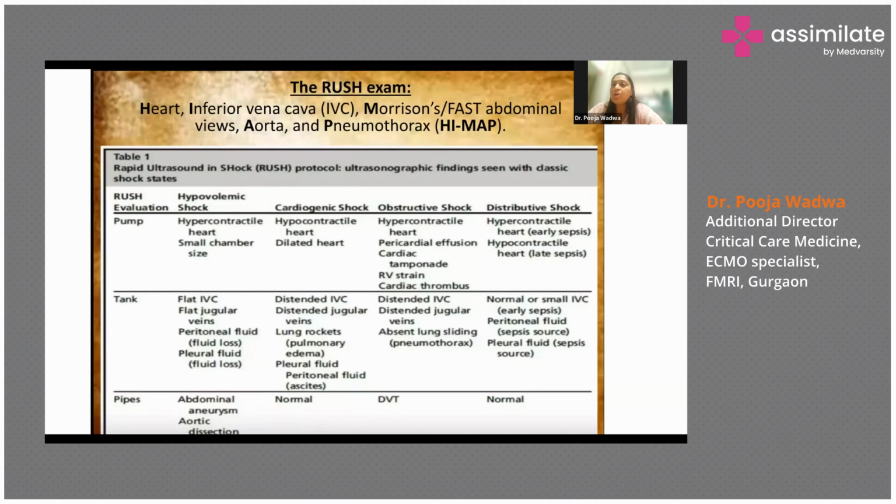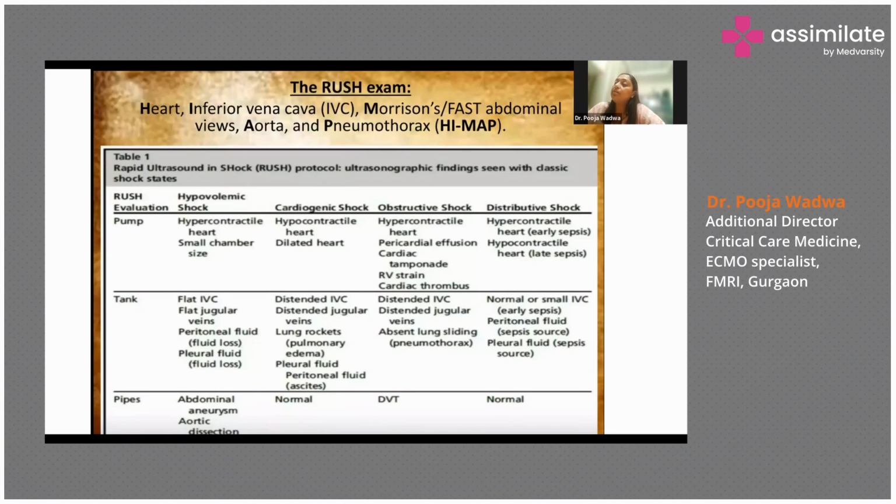All right. In distributive shock, which is because of sepsis, again it is not primarily a dysfunction of the heart, so contractility will be good. It will be a hypercontractile heart, especially in early sepsis. But as sepsis progresses, it starts affecting all the other organs also.